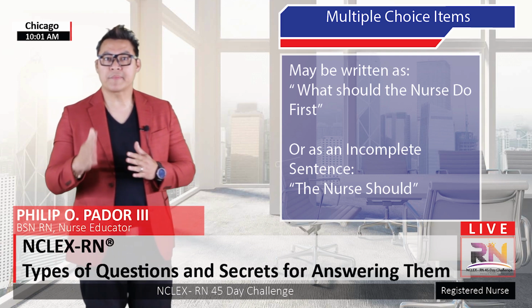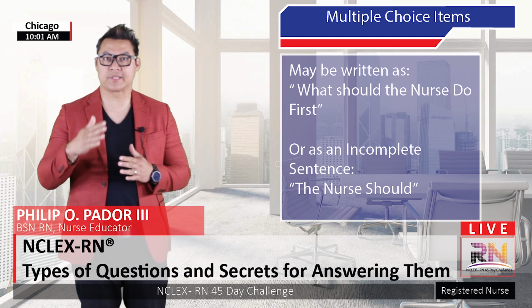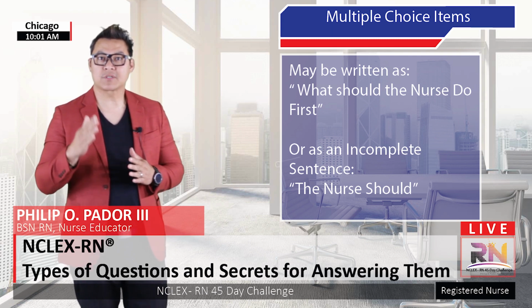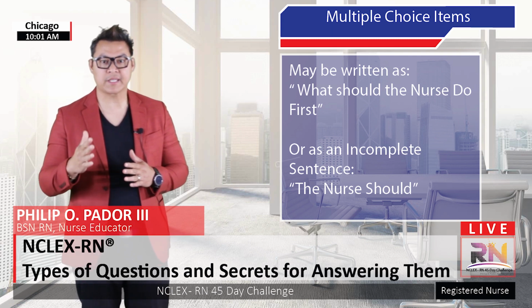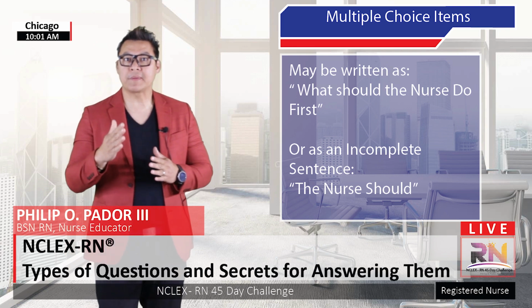The answers or options are possible responses to the stem. Each stem has one correct option and 3 incorrect options. The options may be written as complete sentences or may complete the sentence stem stated in the question. Multiple choice items are the most common type of test item used in the licensing exam.